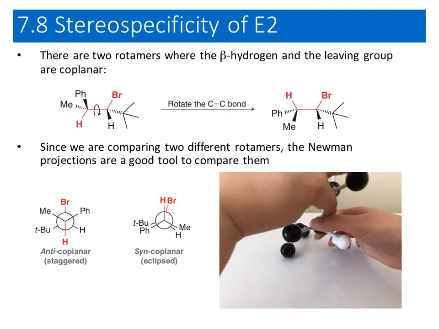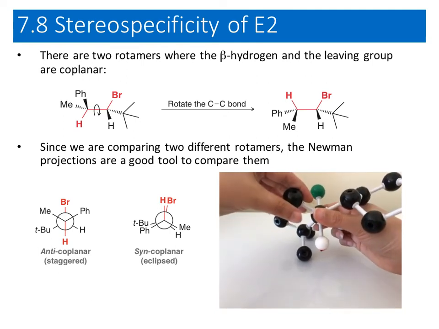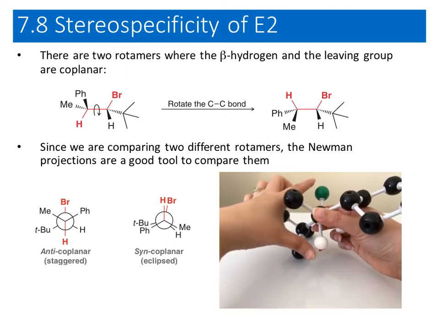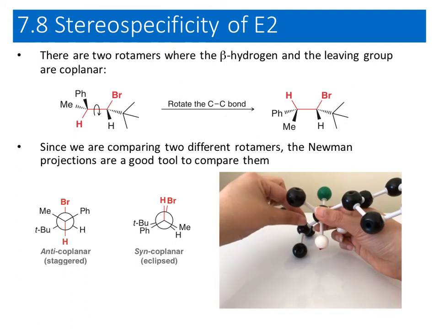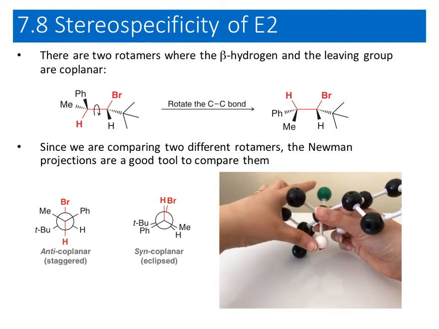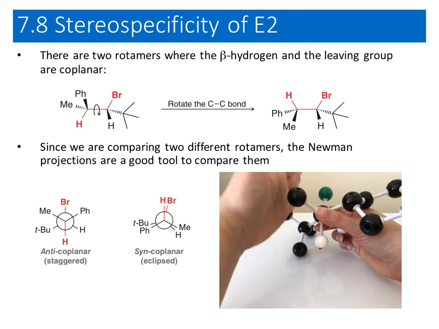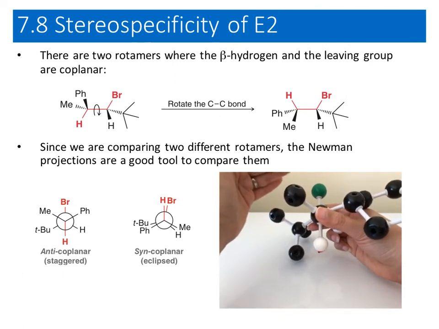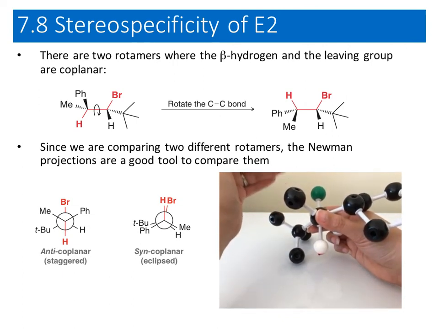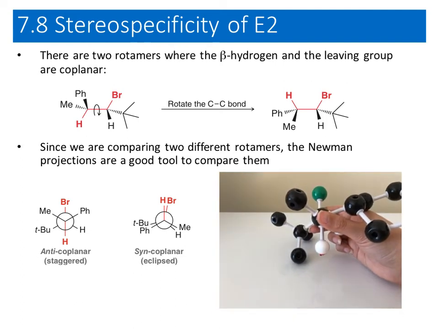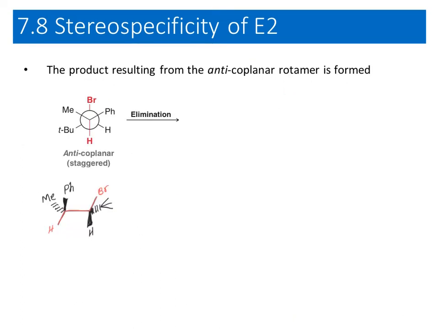So with one beta proton, the angle between the leaving group and the beta proton must be 180, and they need to be anti to one another, and they also need to be coplanar to one another. So this is the rule for E2 elimination. Once again, the only conformation that can react during the E2 reaction is the anti-coplanar one.